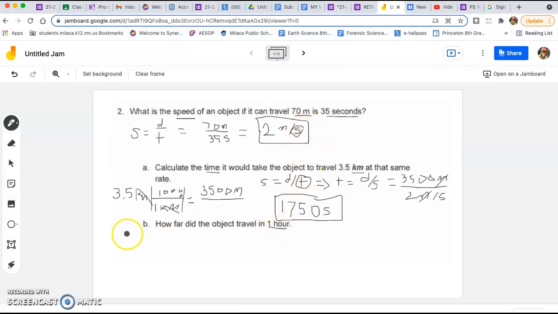Well, how do we do that? If we have 1 hour, we start with 1 hour, right? We know that we want hours down here.